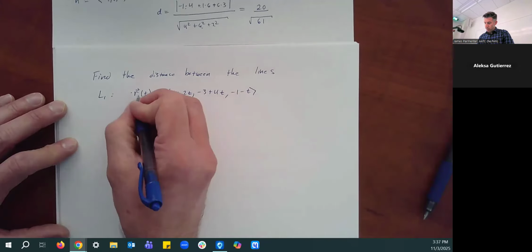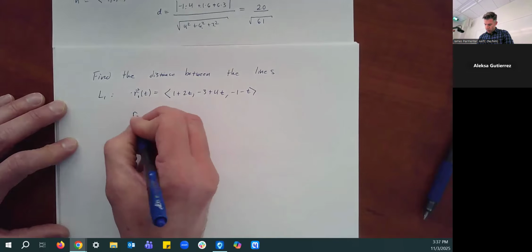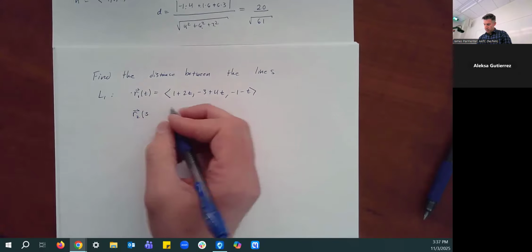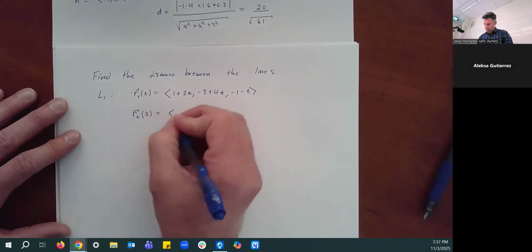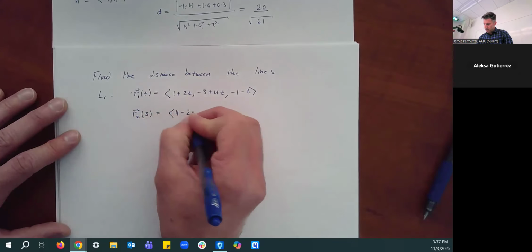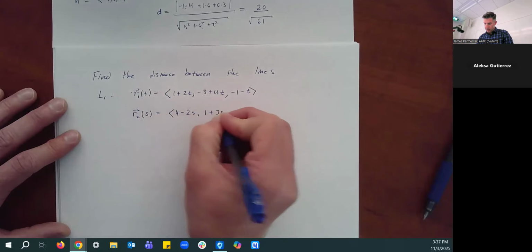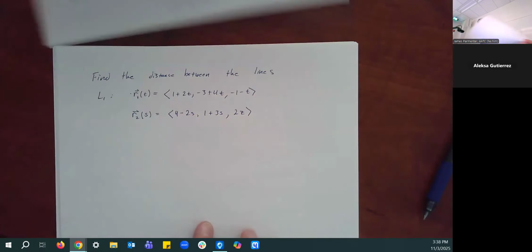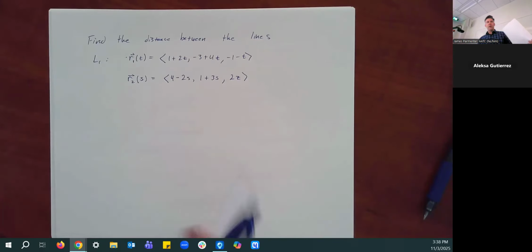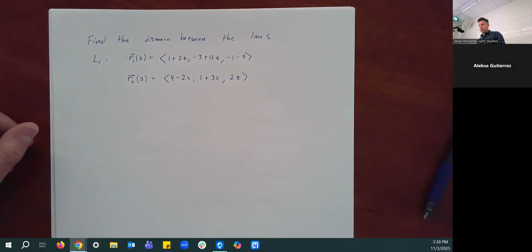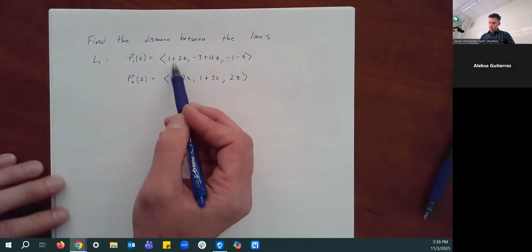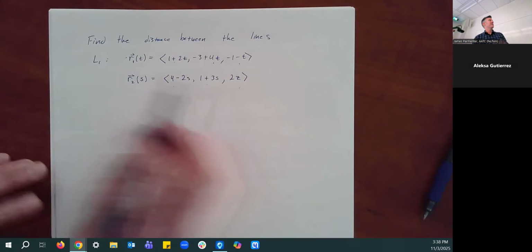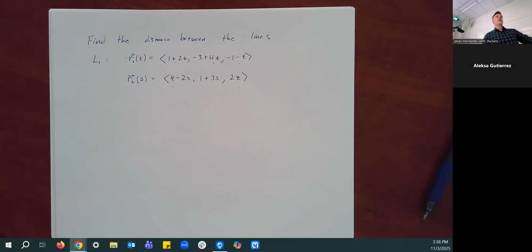And then R2, let's use a different letter, s, is given by the position vector (4 minus 2s, 1 plus 3s, and 2s). And of course, you could write the parametric equations, x equal to 1 plus 2t, y equal to that, z equal to that, and then x equal to that, y equal to that, but it's easier this way.